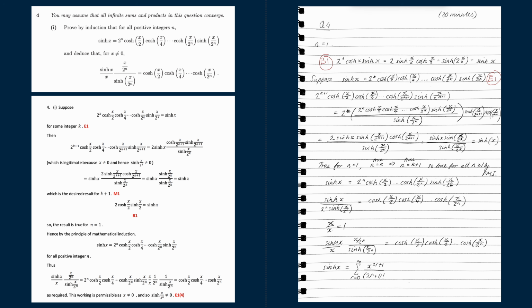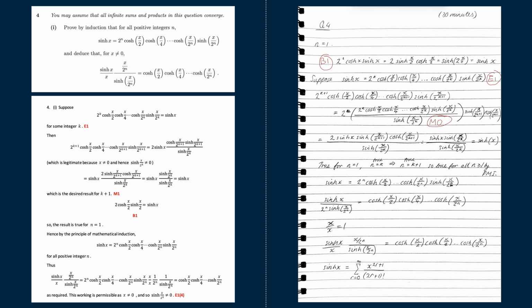Now you'll notice there's a line on the mark scheme, which is legitimate because x is not 0 and hence the sinh is non-zero. Without making that point, this expression is potentially invalid for some values, whereas the original was not. So if you're introducing a denominator, you need to make sure to justify that the denominator you've introduced is non-zero. So we do lose a mark there.